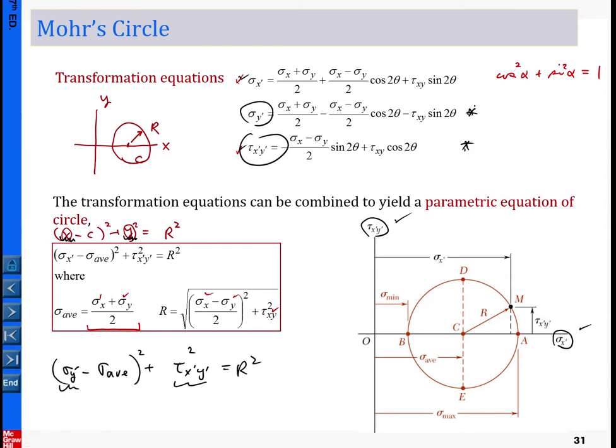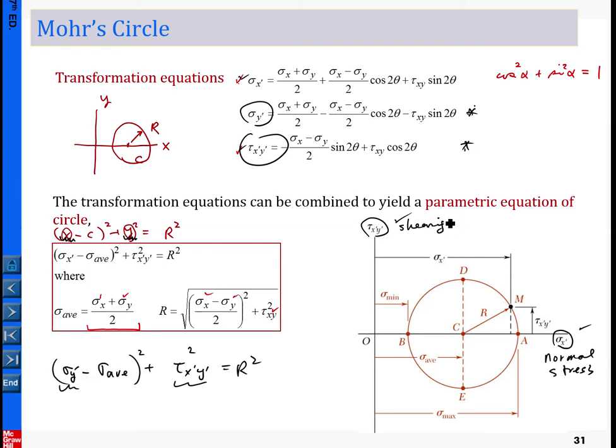In general, people like to use symbols, but here let me put it in a more literal description. This horizontal axis is the axis for normal stress, which will be more general, and the vertical axis is the axis for shear stress.